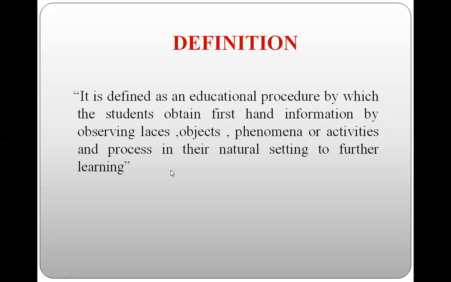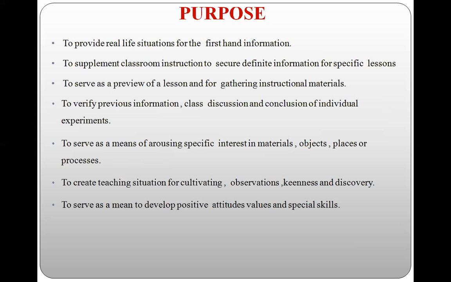So this is basically the natural setting for the learning part where they get the first-hand information. They see the things, they observe the things, and out of which they are going to have a learning for the same. So this is basically an educational tool.